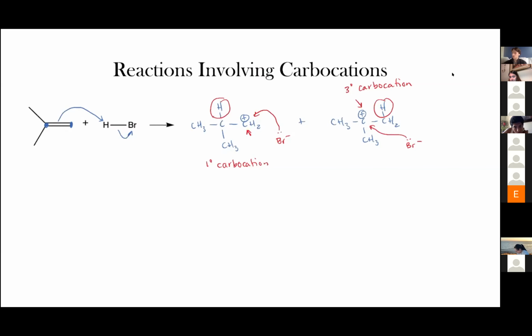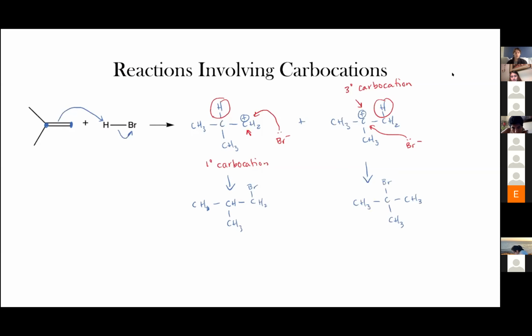And the result of that is going to be, in this case, we have, so this is the result of the bromine attacking the carbocation, okay?